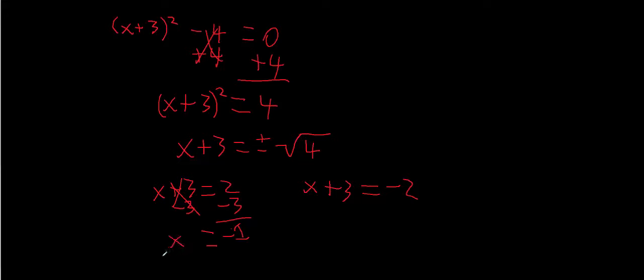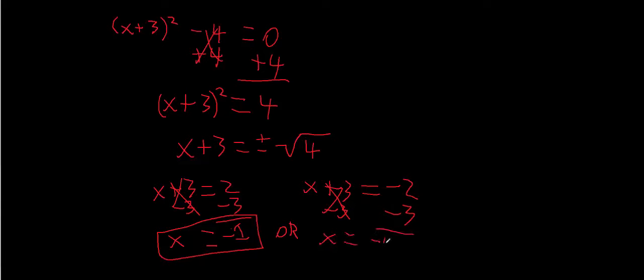X equals -1 there. Or you would subtract 3 from both sides here, and you would get x equals -5. Once again, I won't do the proof here for time's sake, but you can pause the video and check it, and you'll find out that it does check out.